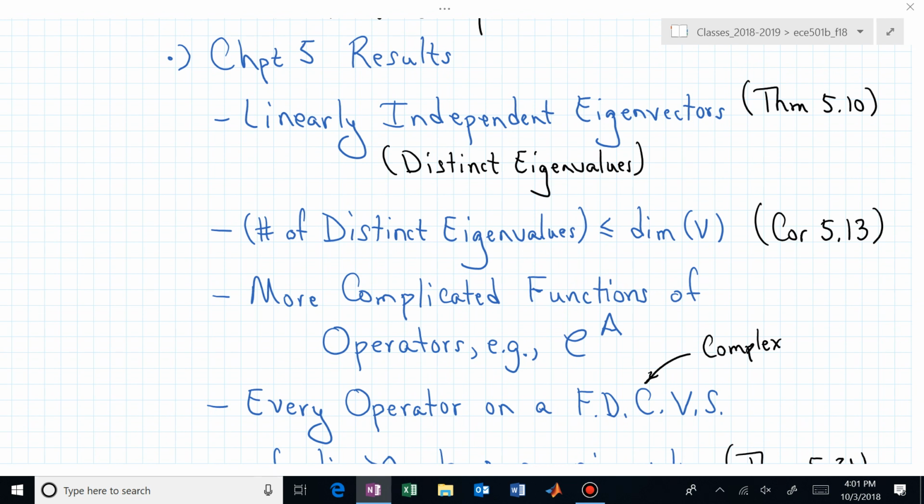The first one being linearly independent eigenvectors, and we know the power of having linearly independent vectors. If we now have distinct eigenvalues, and we'll make clear what that means, each one of those distinct eigenvalues will have a linearly independent eigenvector associated with it. That's Theorem 5.10.